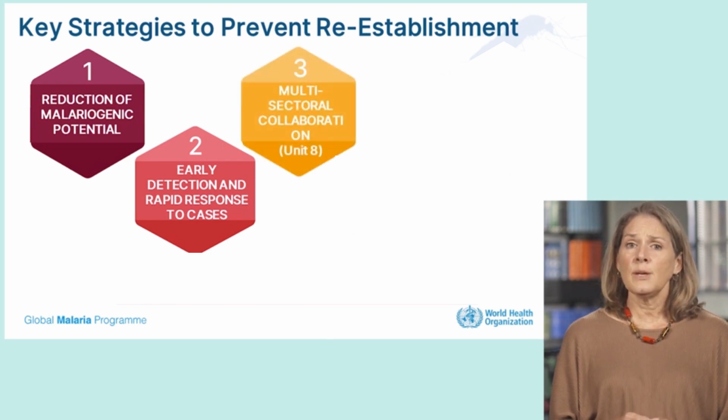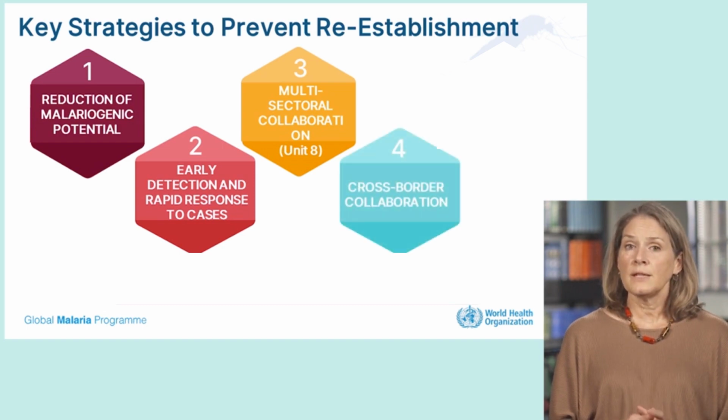Third, there needs to be good collaboration across all sectors that could affect the reestablishment of malaria, including the ministries of tourism, agriculture, education, and the military. We will not cover this topic in this module because it was already well covered in Unit 8. Fourth, there must be effective cross-border collaboration, and we will touch on this topic in this module.